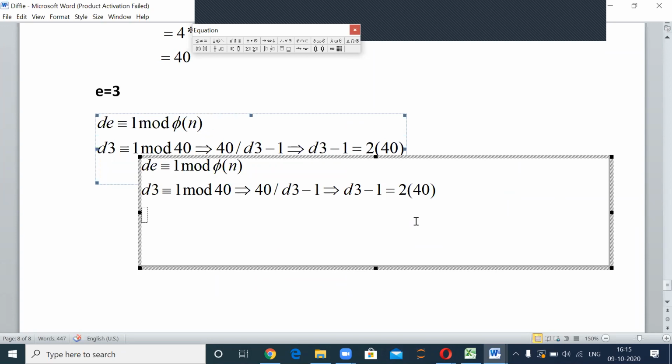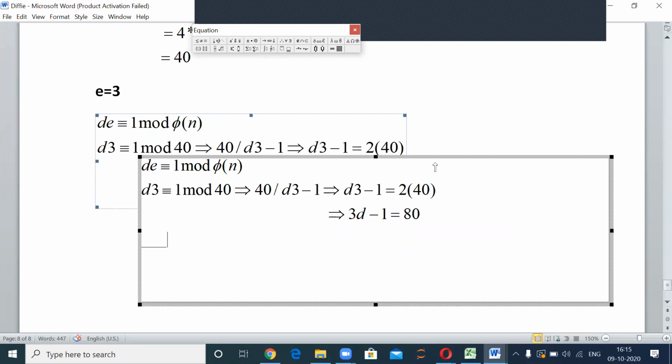I have taken 2. With this you will see that 3d minus 1 is equal to 80. Now what is the d value? 3d is equal to 80 plus 1, that is 81.